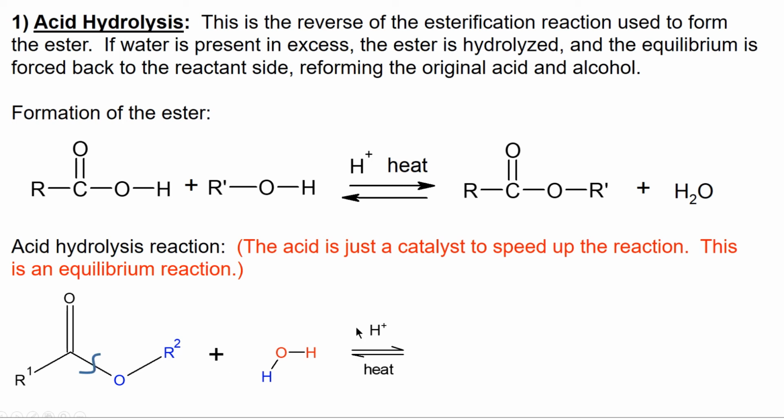And then, since we're doing this in the presence of an acid, we can reform our carboxylic acid. So here's our carboxylic acid and our alcohol. So again, because this is an equilibrium, this can go in the forward direction and it can go in the reverse direction.